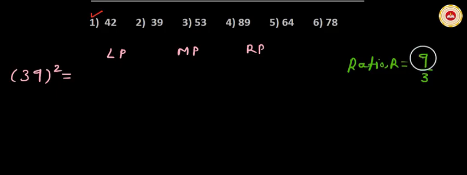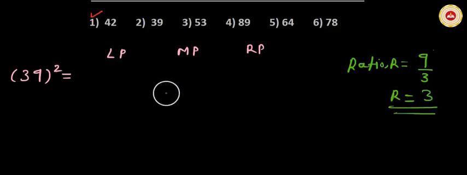We calculate the ratio of two digits such that it is a ratio of a digit at units place to a digit at tens place. So 9 upon 3 is equal to 3. Ratio R equal to 3, and we are going to use this for further calculation.